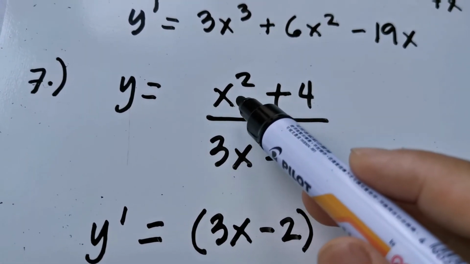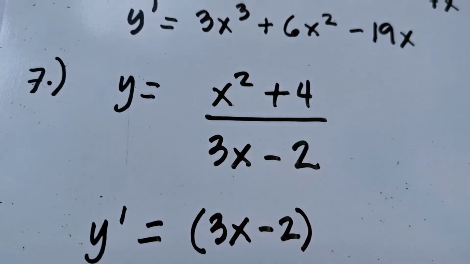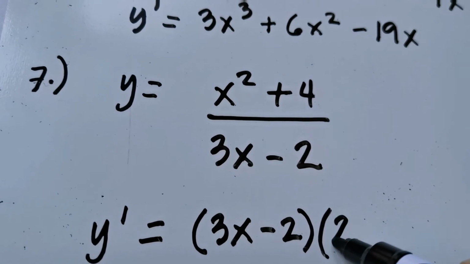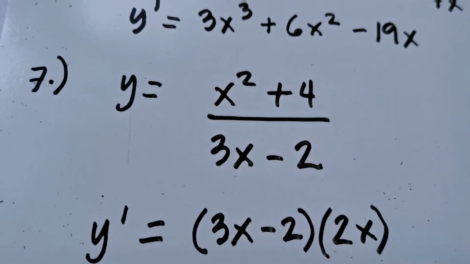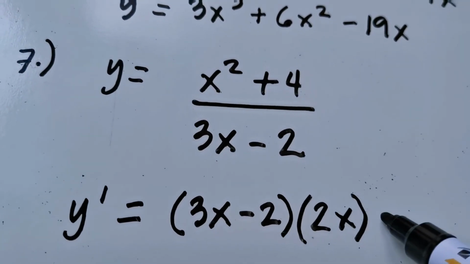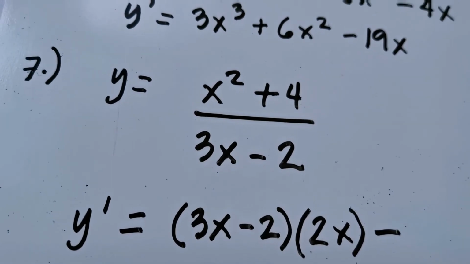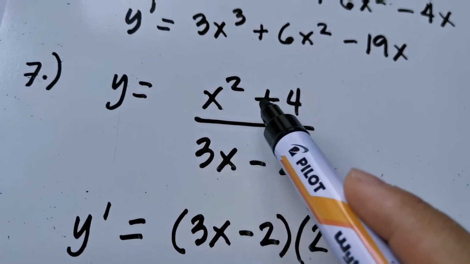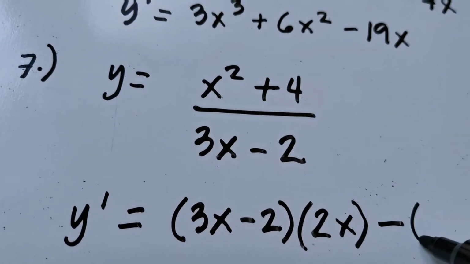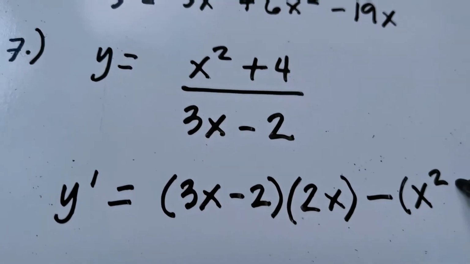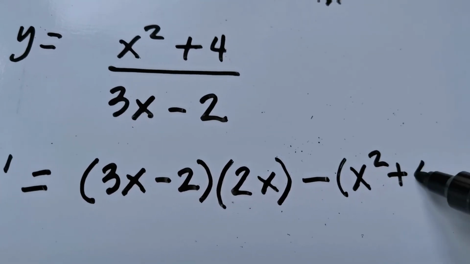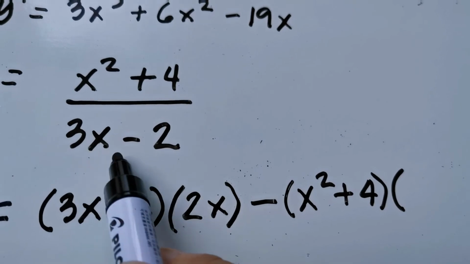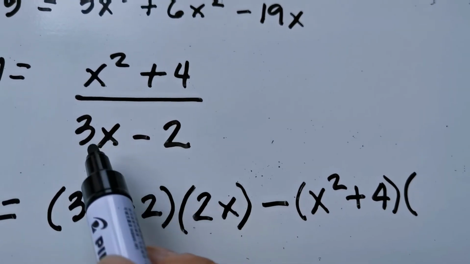So the derivative of x squared plus 4 is 2x, minus, we will copy the numerator, which is x squared plus 4, times the derivative of our denominator.